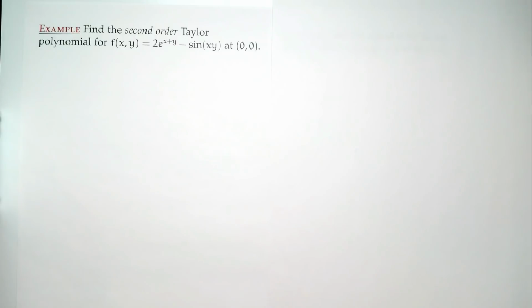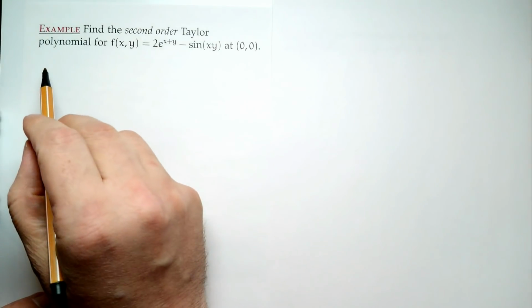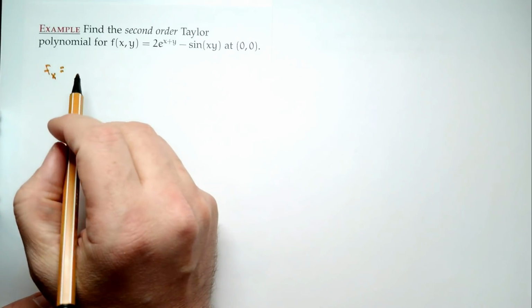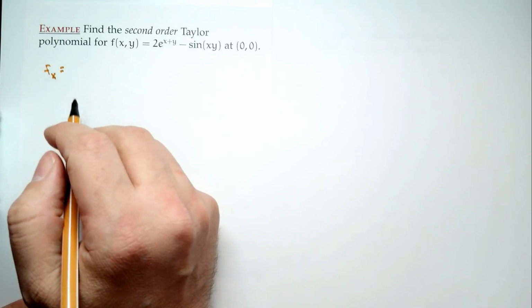So I'm just going to be patient and take many, many derivatives. Well, in particular, I have to take all derivatives up through the second order. So a good place to start is the first order derivatives. So f sub x. When I take the derivative with respect to x, what will I have?